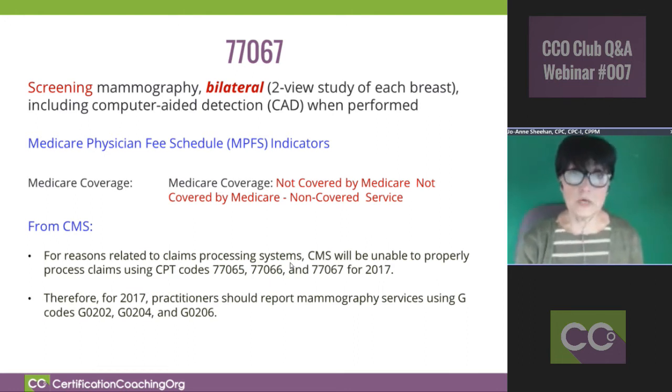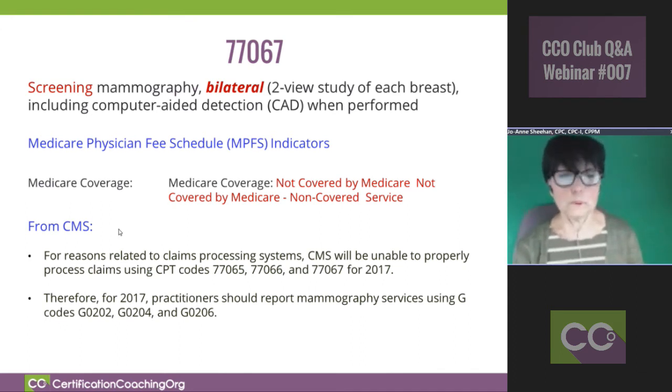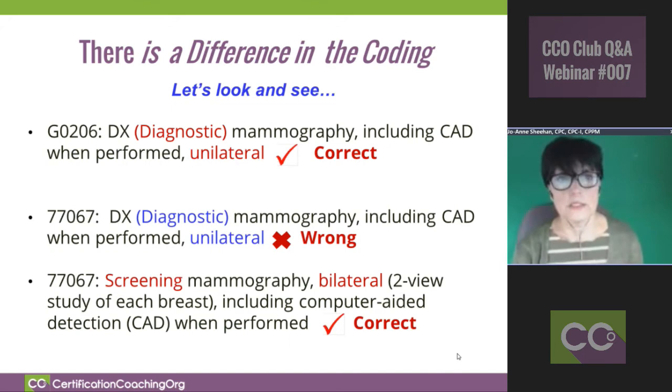But if it was a billing exam question, you would go by what's in the book unless they provided you information, which they should, from CMS to help you pick the most appropriate code. So hopefully that will help you. So let's look at this and see the differences. G0206 is diagnostic mammography, including CAD when performed, unilateral.